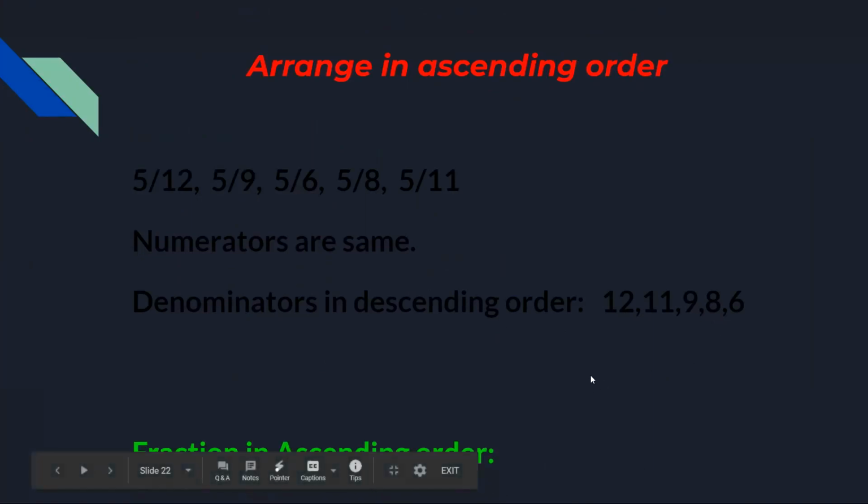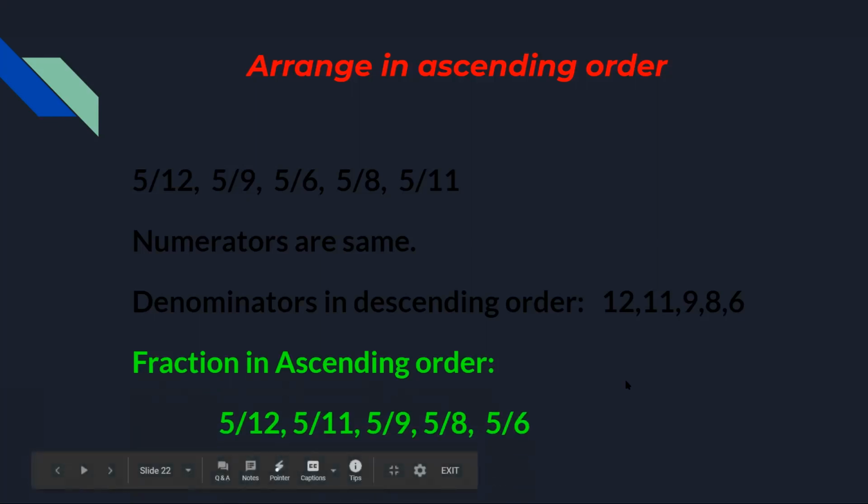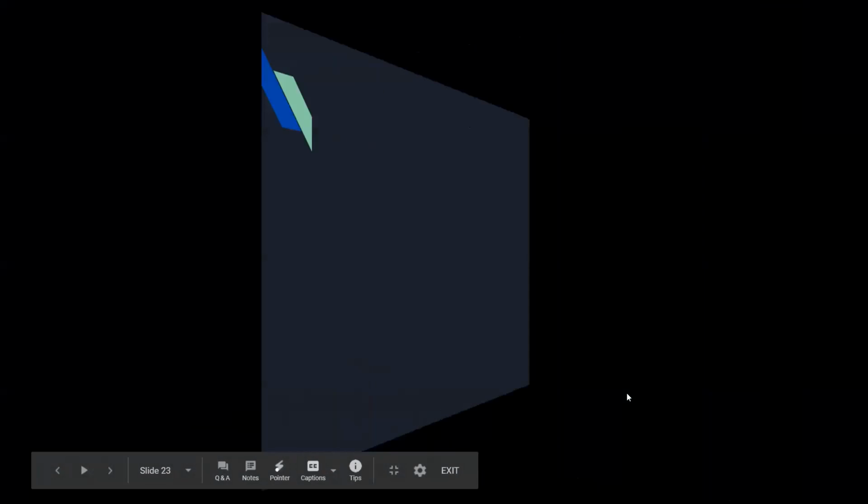So let us write the fractions in ascending order. Which one is smallest? 5 upon 12, then 5 upon 11, 5 upon 9, 5 upon 8, and 5 upon 6. If the numerators are the same, we will see the denominator. The greater the denominator, the smaller the fraction. This is the rule if the numerators are equal.